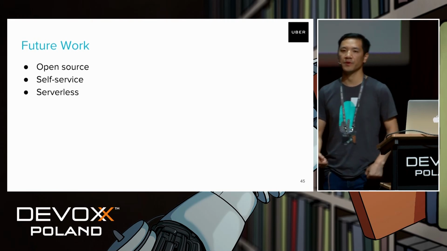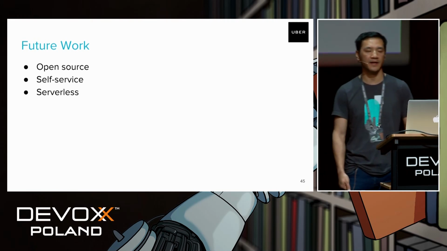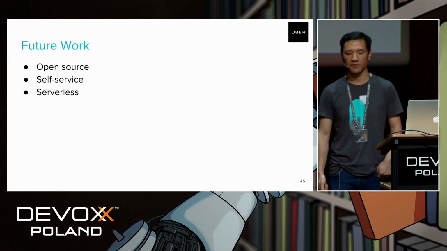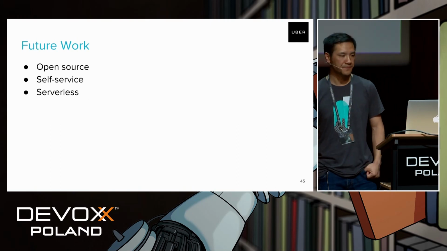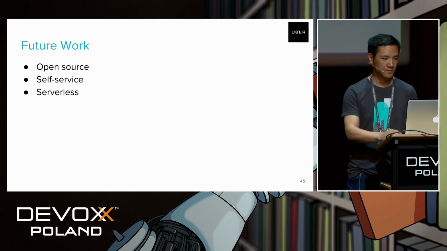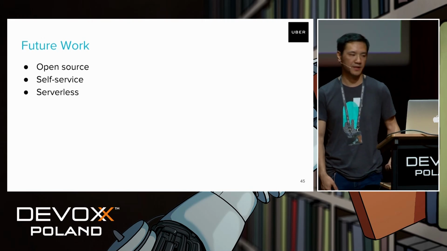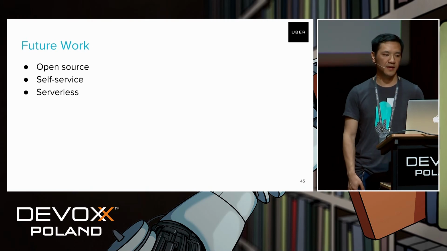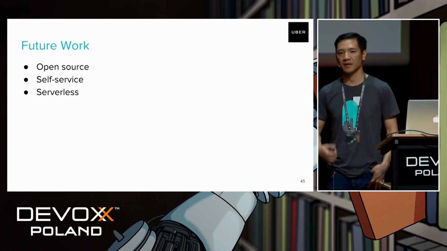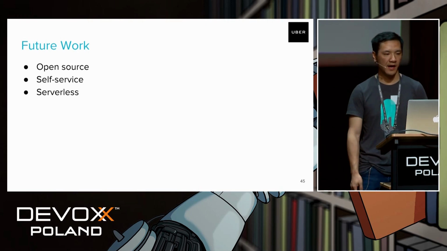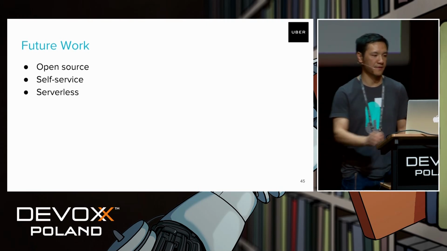We haven't open sourced the handler API yet, but that's something we want to do in the future. We are working closely with the open source community to make sure all of the things that we build on top of Kafka can be used by other users of Kafka.